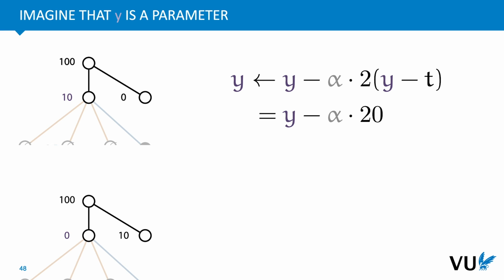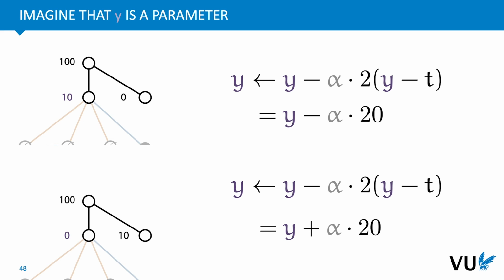But if we now apply the update rule and take the derivative, we are computing y minus t, which is minus 10. That minus cancels out with the minus in the gradient descent, and we end up adding a value to y, which is very intuitive because y was now too low, so we need to increase it. So in this way, backpropagation very naturally takes care of the signs of our values.